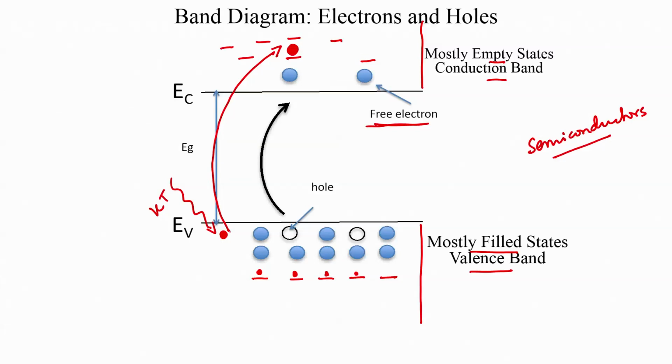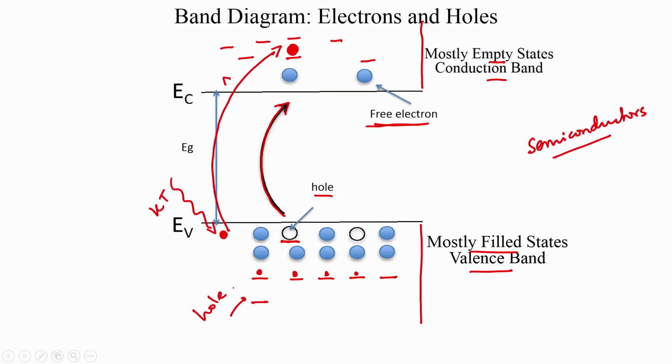Now the electron that has left the valence band and moved into the conduction band leaves behind a vacancy, which is called a hole. The hole is basically a state that has now become empty. So there was a state which was occupied by an electron. The electron left that state and moved into the conduction band, and therefore that state has now become empty and it is called a hole.